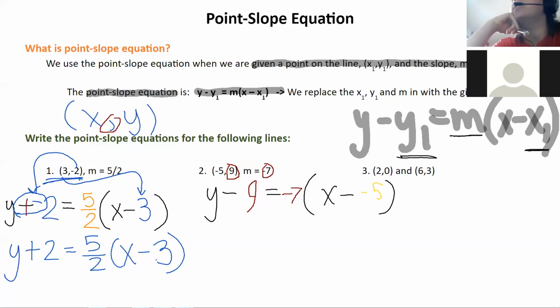And because that's my y, that's totally my y, right? Because every ordered pair is x, y. And because that 9 is in the y spot, it goes with that other 9. So now my x is in the right spot. I just have to do my very last step. And what do I do with that minus minus?